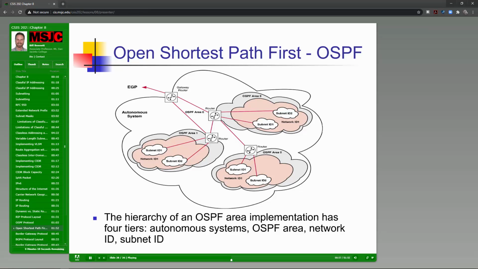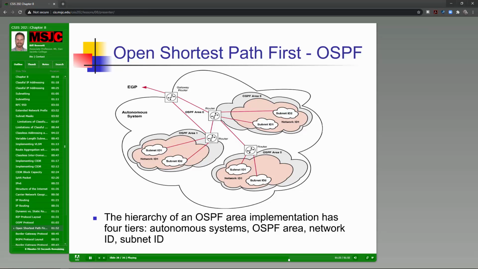Then the top internal router is using OSPF area 3 as its area designator, and it has 2 interfaces to 2 internal subnets, which are inside of a network that is ID'd as 1, and then inside of network ID 1 is where you have subnet ID 1 and subnet ID 2.